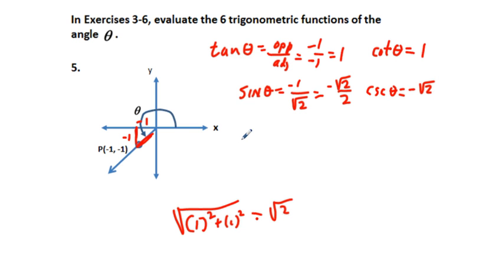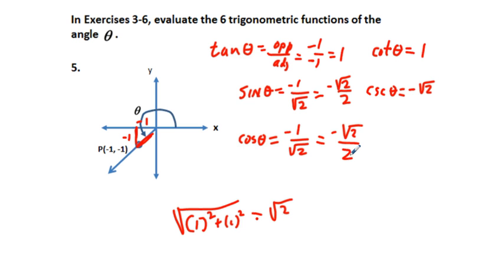And then our cosine theta is going to be the same as sine, -1 over square root of 2, and rationalize, we multiply the numerator and denominator.